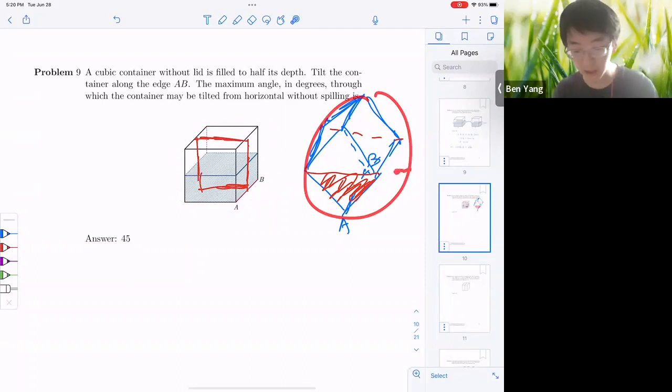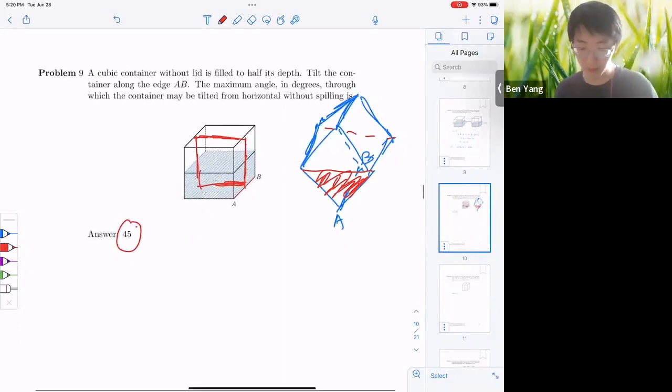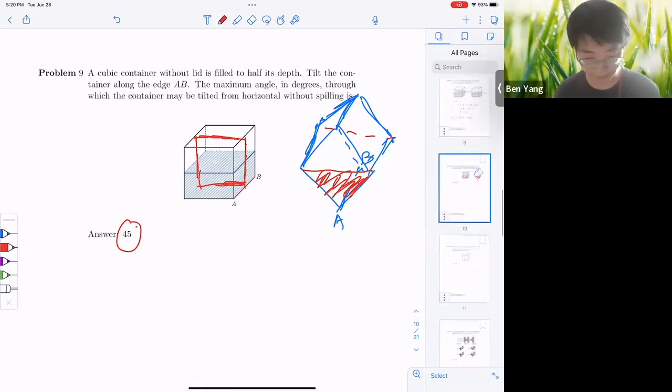So the volume matches. And now if you do it larger than 45 degrees, then I guess some water will get spilled. So yeah, I guess that's the best we can do. So 45 degrees there. Okay, let's see next one.